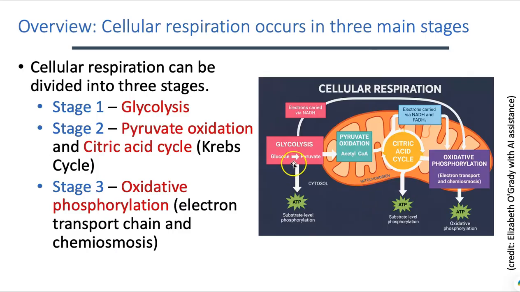And really, what these are is a series of redox reactions, starting with stage 1, glycolysis, that happens in the cytoplasm where we oxidize glucose, and ultimately finishing with this process called oxidative phosphorylation, where we can generate a whole lot of ATP with a lot of those little NADH that we're generating along the way.